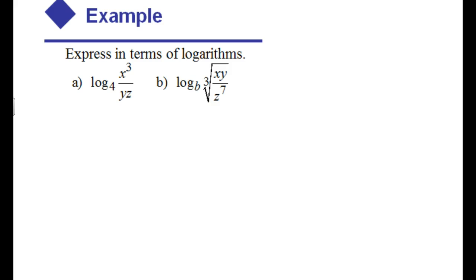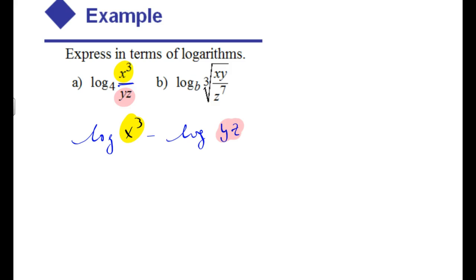So for some examples of this that I can't type in because we're using variables, I would take care of this quotient first. So this is really the log of A minus the log of B. So I'm going to treat this as my A term, the numerator, and this is my B term. So the log of yellow divided by pink is really the log of yellow minus the log of pink.